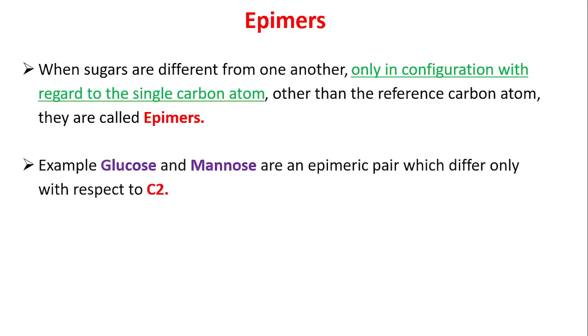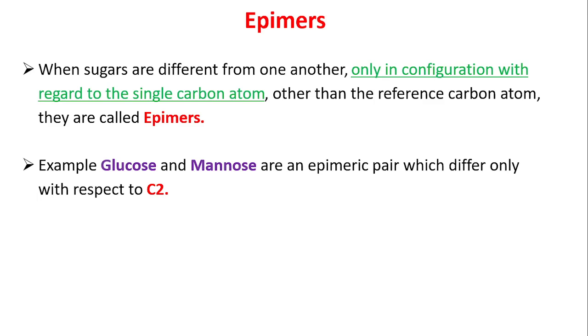Now, for example, glucose and mannose are an example of an epimer pair, and they only differ at carbon number 2. I'm repeating this because it is an exam question.